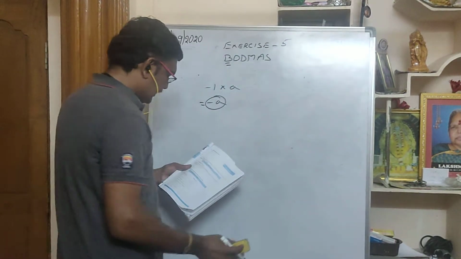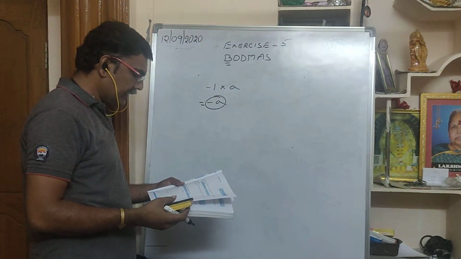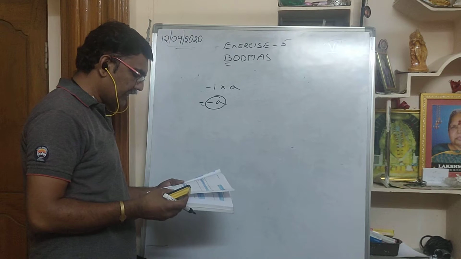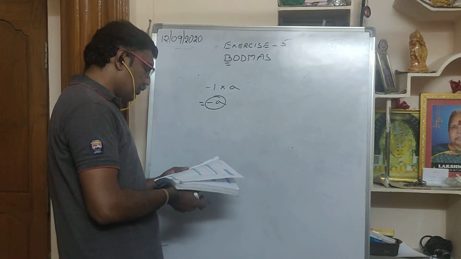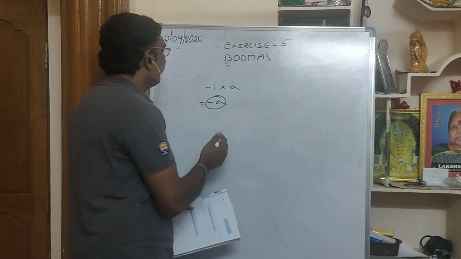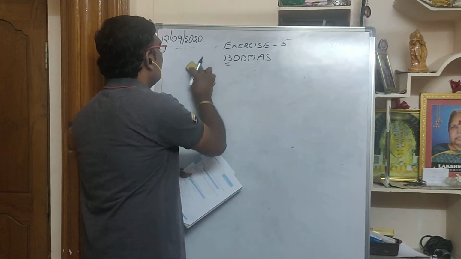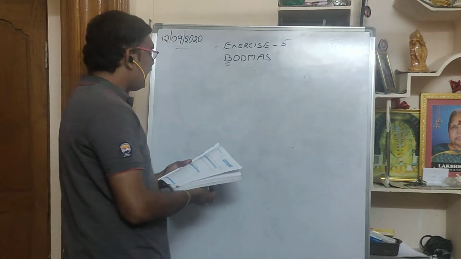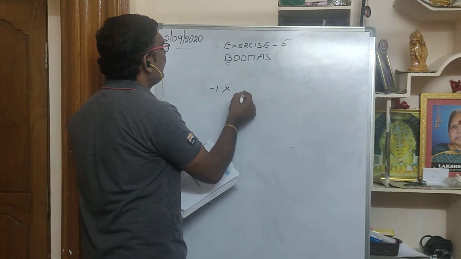Remove it. Next, in the second bit: determine the integer whose product with minus 1 is 5. What he is saying is, minus 1 is multiplied with some integer.